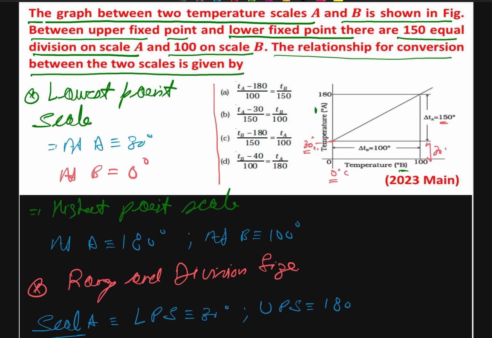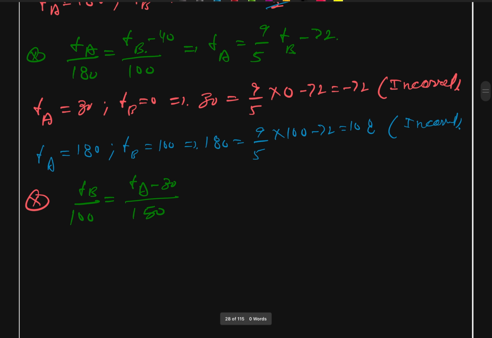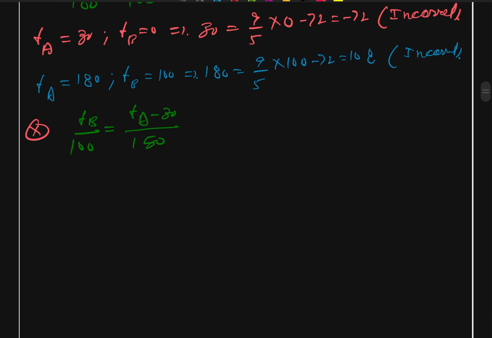TA upon 100. So from here we can write that TB is equal to 2 by 3 TA minus 20.